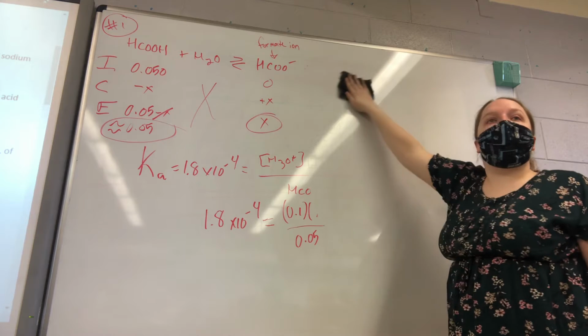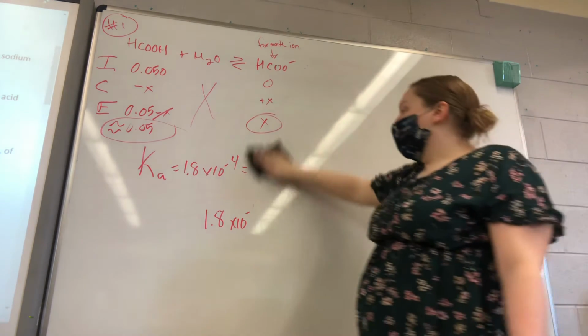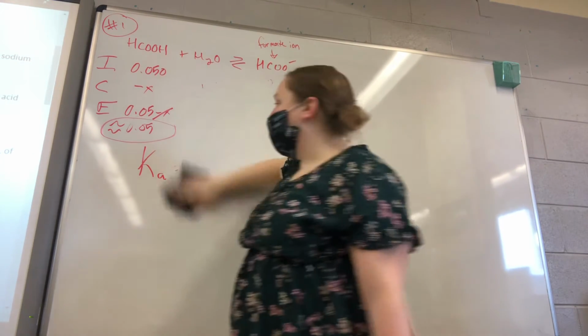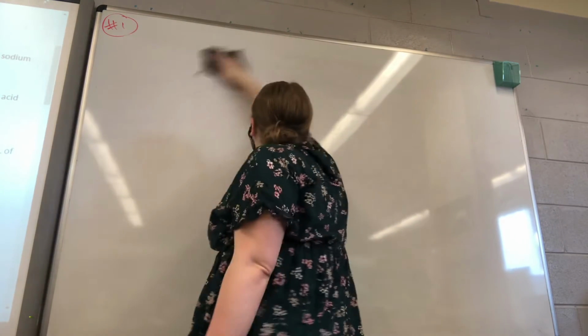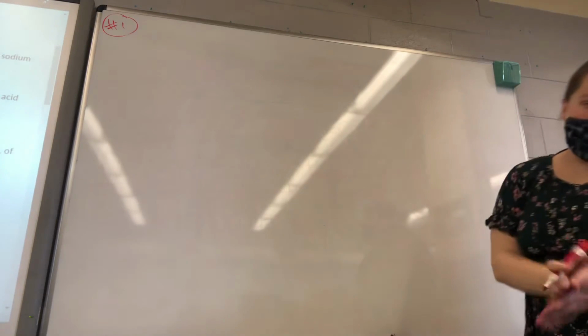See, the hard part of common ion effect problems is identifying the common ion. The rest of it you've done over and over and over again. You've done ICE tables, you've done pH calculations, all that lovely stuff.